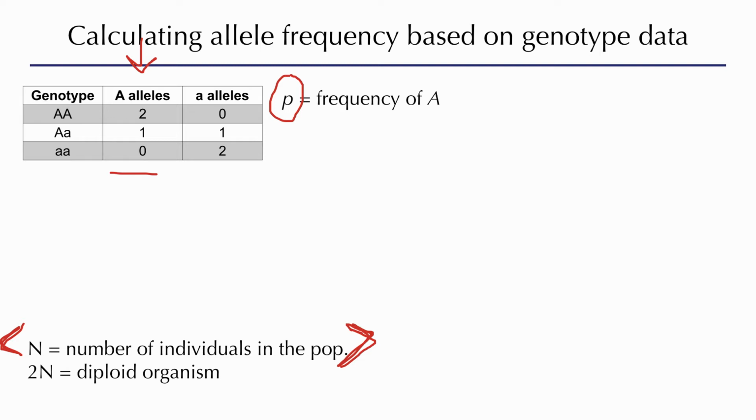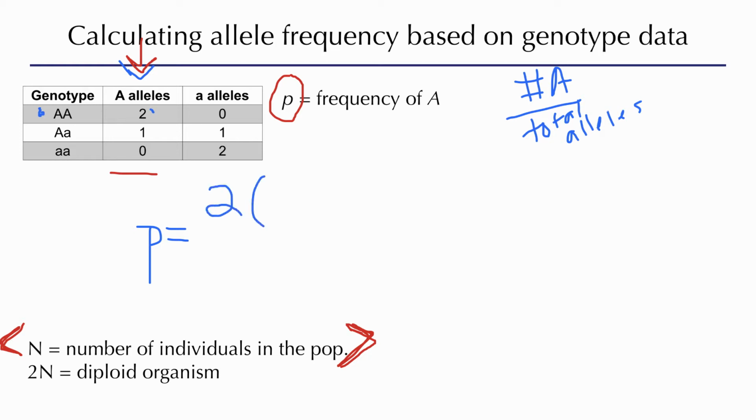So how do we figure out the frequency of A? Well, we need the number of big A alleles divided by the number of total alleles. And how would we figure that out? Every big A big A individual donates 2 big A alleles. So you have 2 big A for every homozygous dominant individual. N, remember, means the number of individuals, in this case of that type.